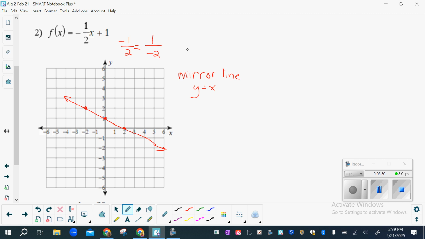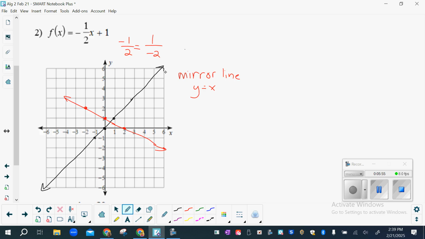The only number I can add here would be 0. What's my slope? 1. The number in front of x is assumed to be 1, which is 1 over 1. Up 1, right 1, or down 1, left 1. So now we're going to draw that line. That's my mirror line, or my line of symmetry.